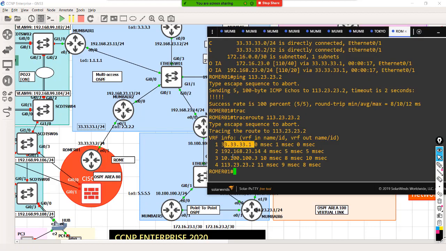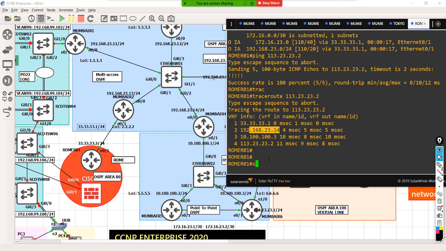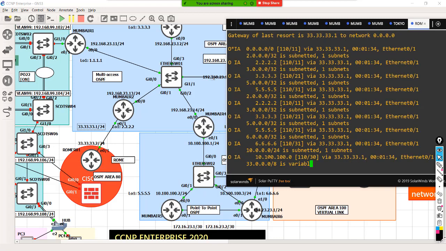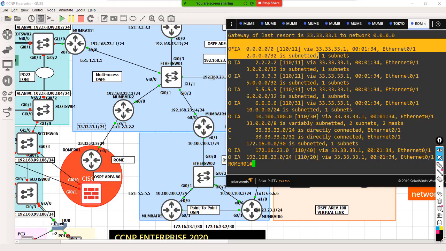You have 33, you have the ABR, then you have this 10.10 network, and then finally you are reaching EIGRP. So you have the reachability, but at the same time you have taken out those external routes by introducing one single default gateway.